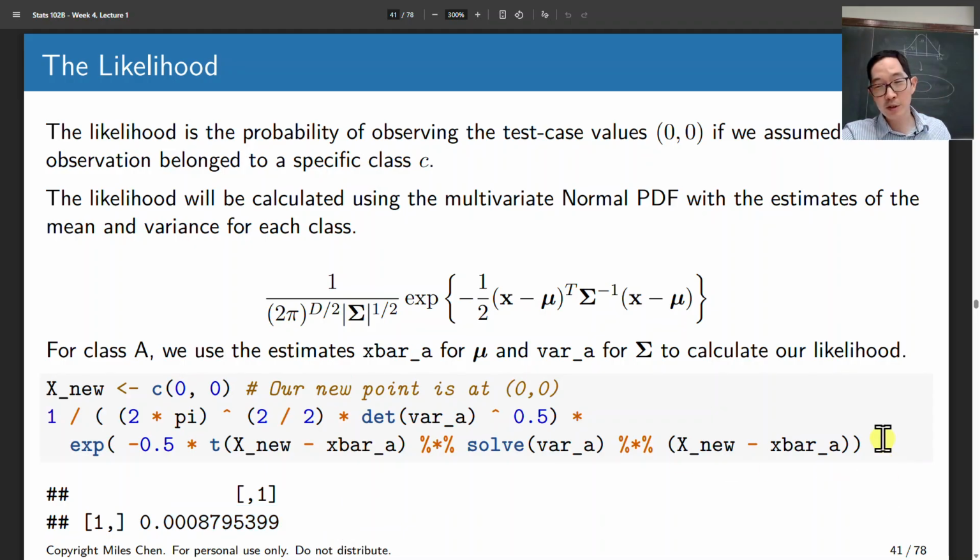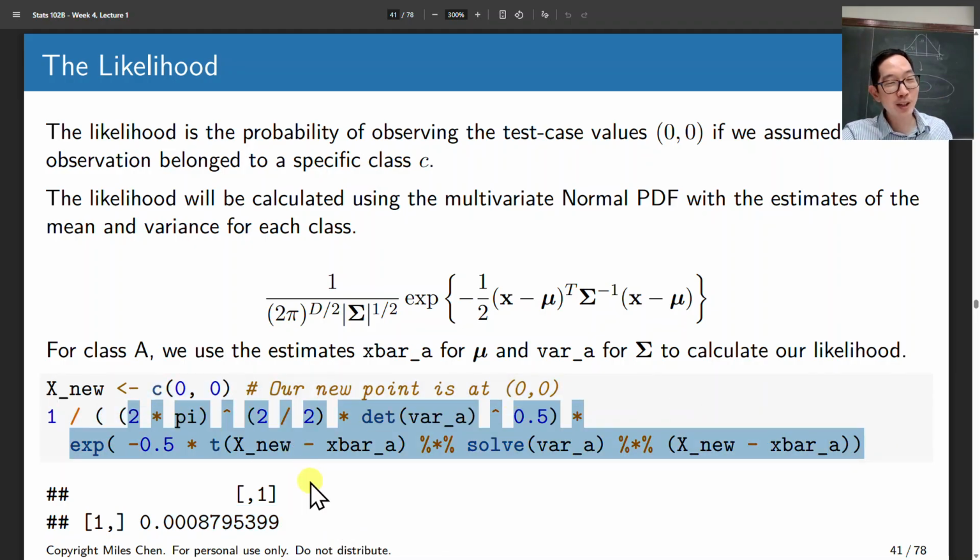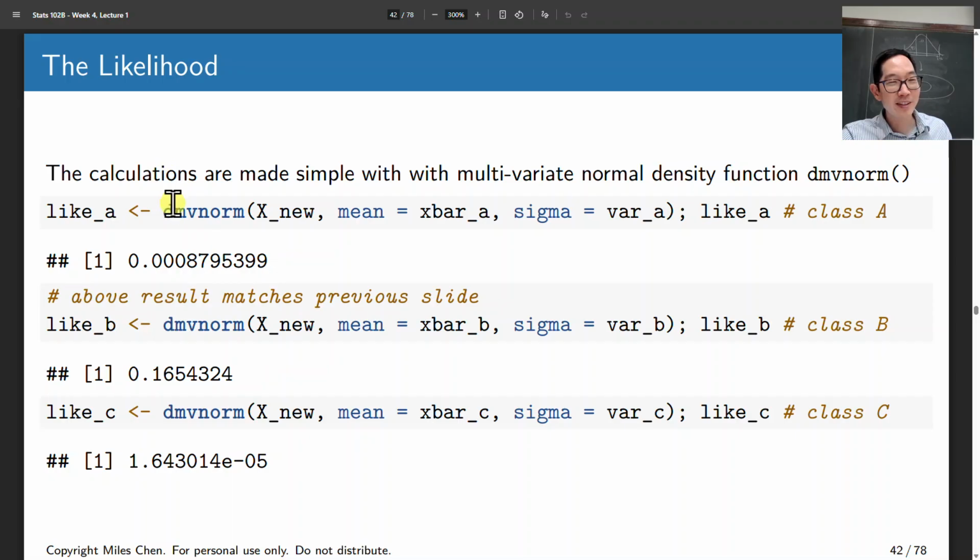Now this is a pain, and so thankfully, there is a function called dmvnorm, which will calculate multivariate normal densities. But sometimes if you just jump straight to the function, it feels kind of mysterious.